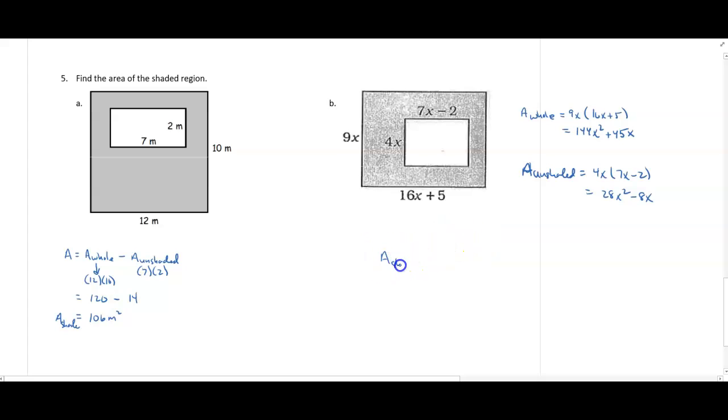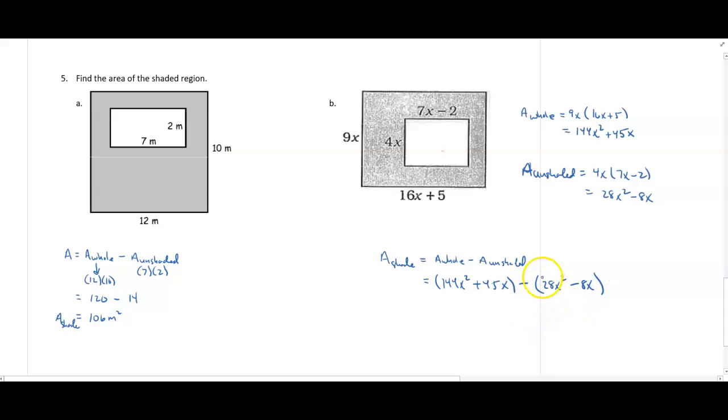Well, the area of the shaded then is going to be the area of the whole minus the area of the unshaded. So when I look at this, the area of the whole is 144x squared plus 45x minus the area of the unshaded, which was 28x squared minus 8x.